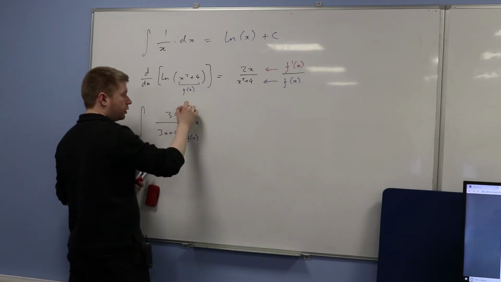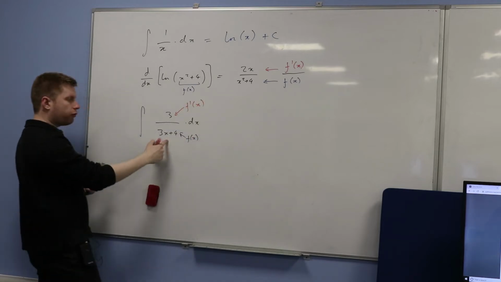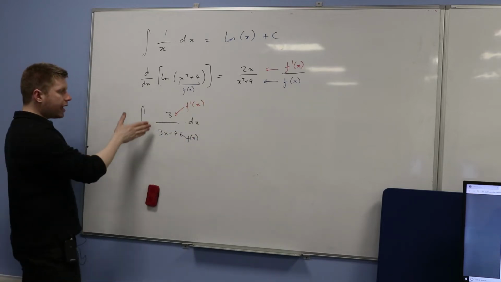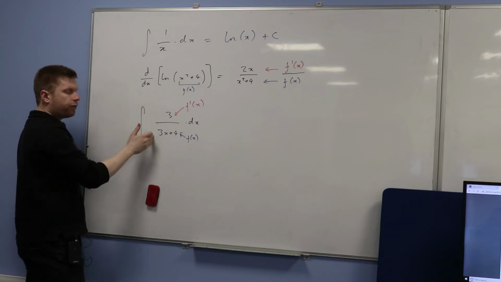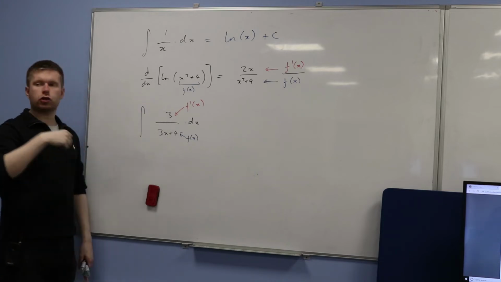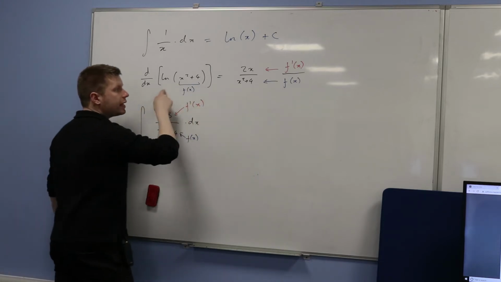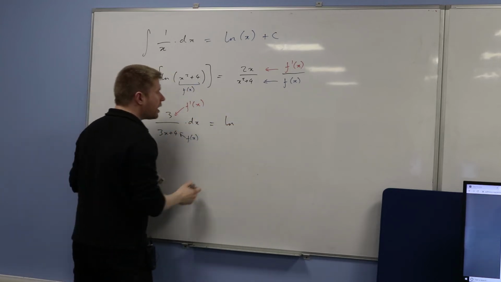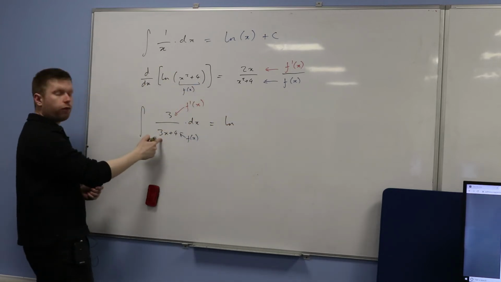The derivative of that function. Because you're happy the derivative of 3x plus 4 is 3, then I can make use of the fact that if I have the integral of a function on the denominator and the derivative of the function on the numerator, that should be equal to the natural log of that function, of that 3x plus 4.